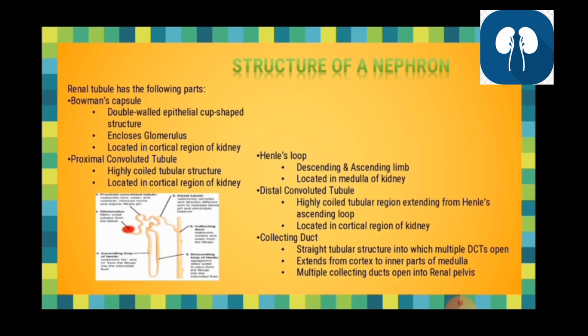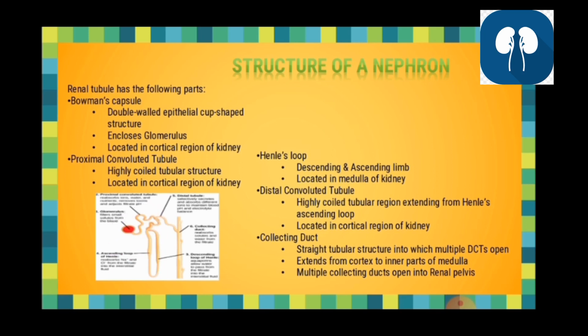Now the next important part is the renal tubule. Children, the renal tubule begins with a double-walled cup-like structure known as Bowman's capsule. So in this picture, this is the cup-like structure which encloses the glomerulus. Children, the glomerulus along with the Bowman's capsule is termed the Malpighian body, that is, the renal corpuscle.